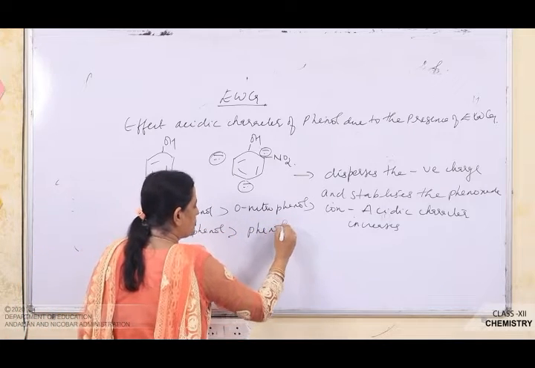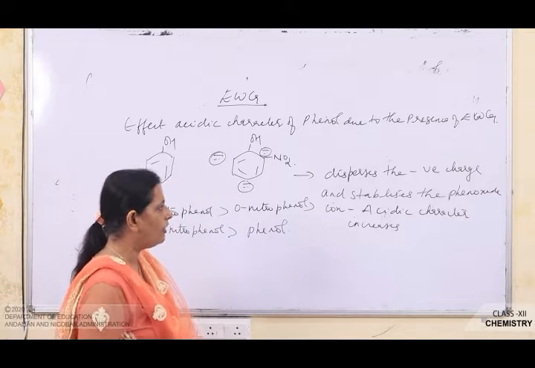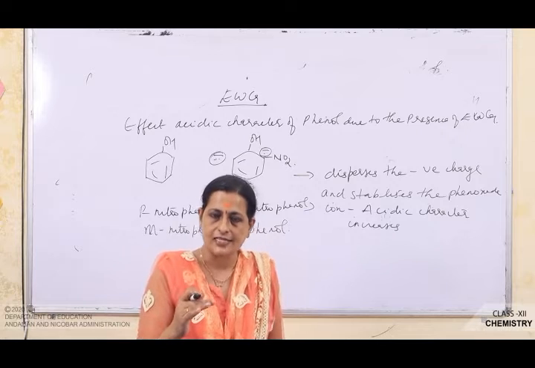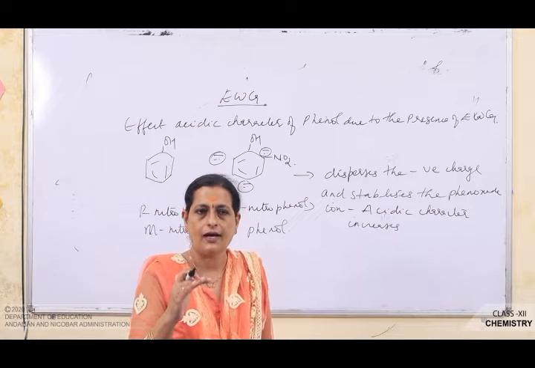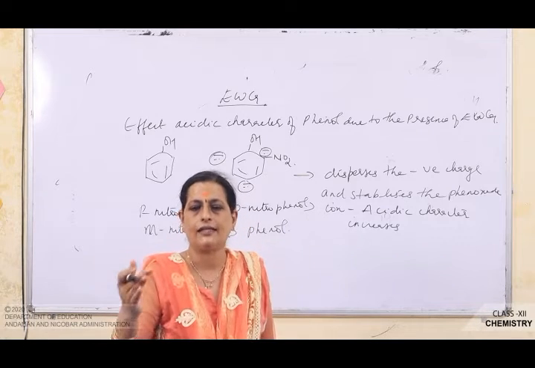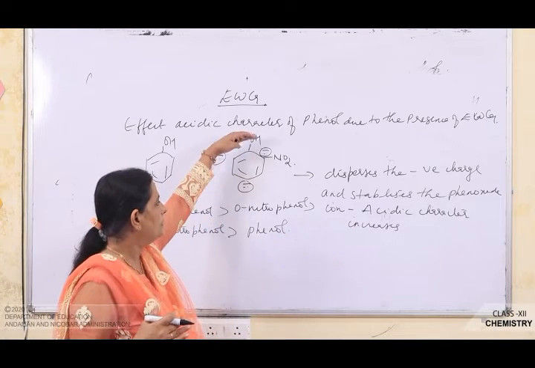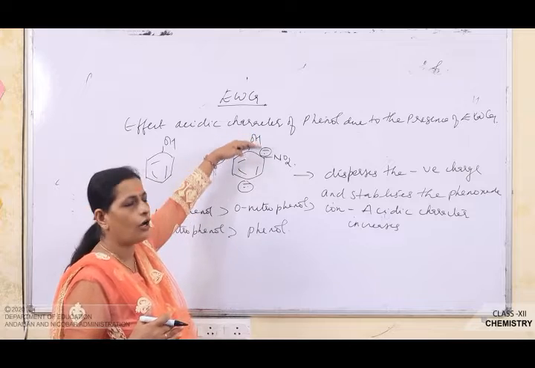So if an electron withdrawing group is present in phenol, it will be a stronger acid than what? Phenol. And that effect is maximum in which position? Para, then comes in ortho and then comes in what? Meta. Why is it maximum in para? Because it's coming in which direction? Opposite direction.